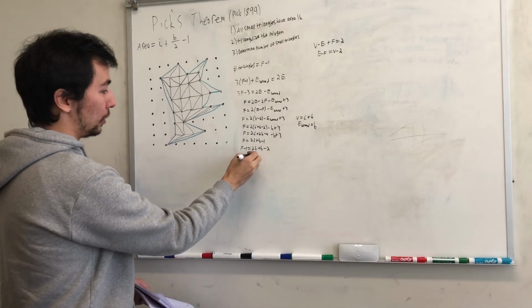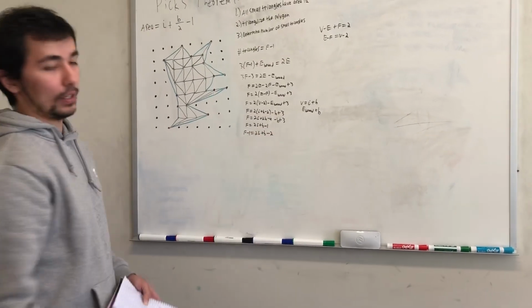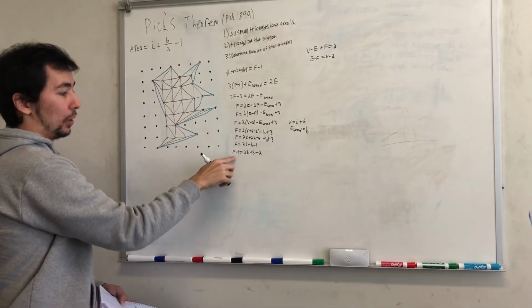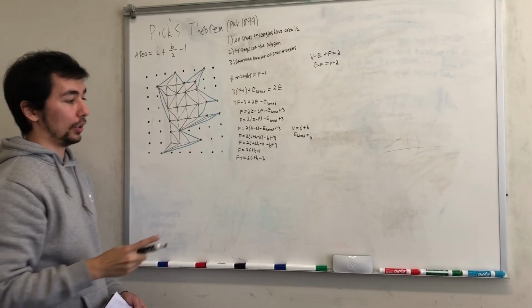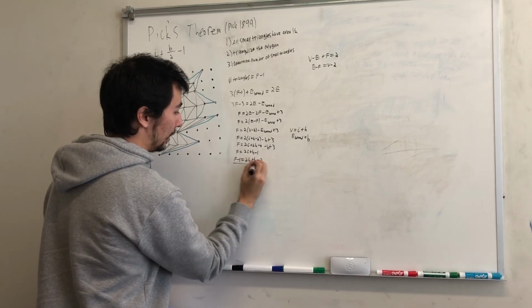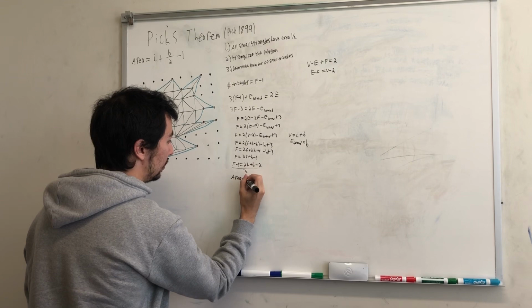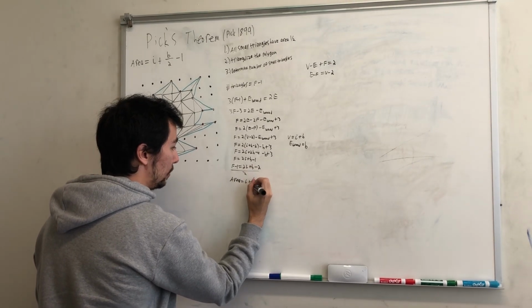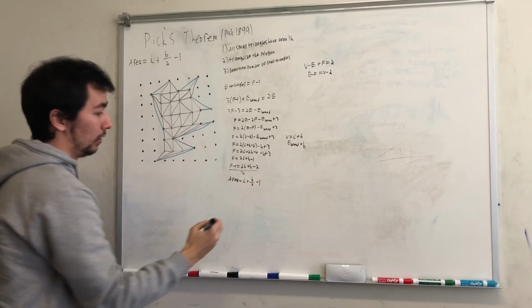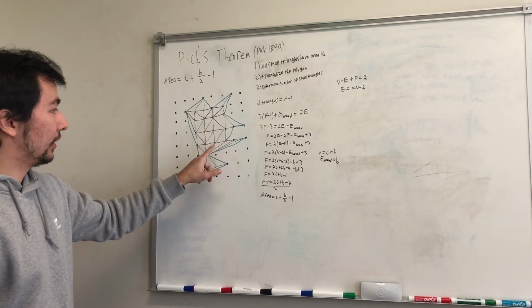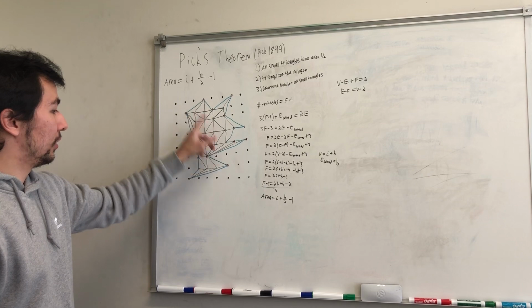And now we have the formula for the number of triangles, and the area will be the number of triangles times the area of each triangle. So we'll divide through by 2. And then we have that the area of the polygon will be equal to I plus b over 2 minus 1. And so the area of this polygon will be the number of interior vertexes plus the boundary vertexes divided by 2 minus 1.